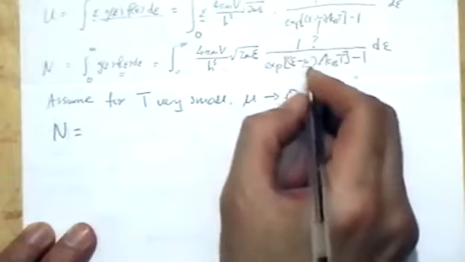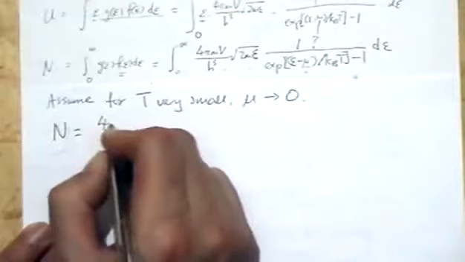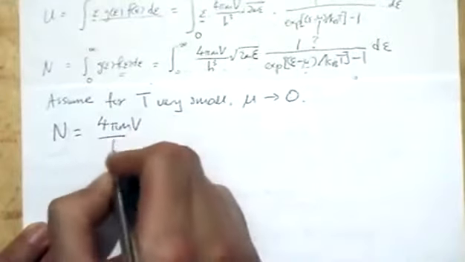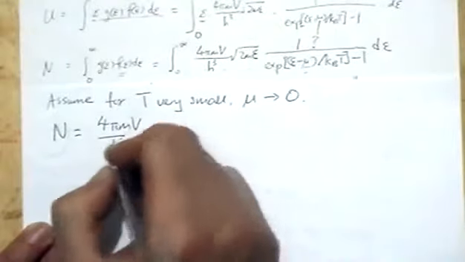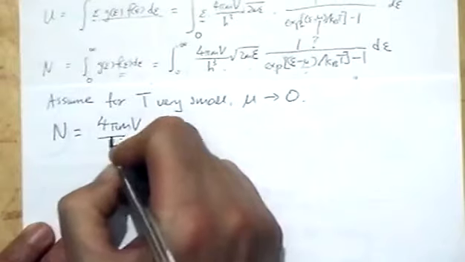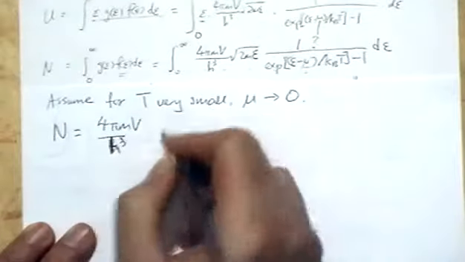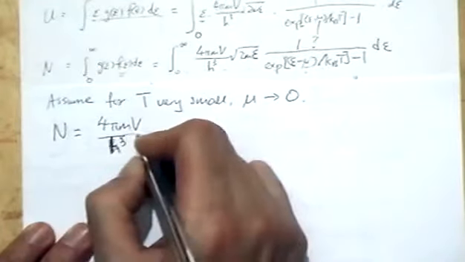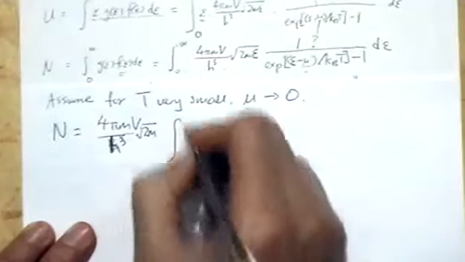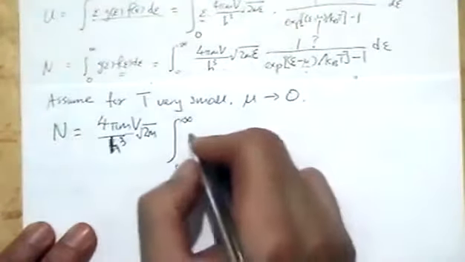That would be set to 0. So let me take the constants out of the integral. Now there's no bar there. It's just h cubed. The square root of 2m, but I'll keep the square root of E inside. It integrates from 0 to infinity.